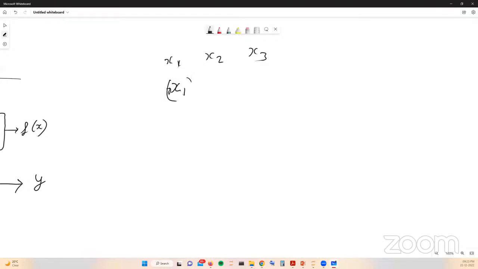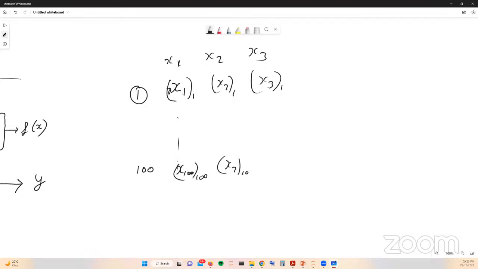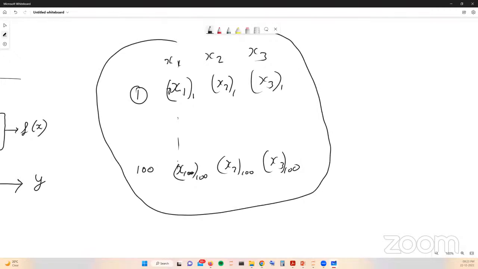This is my X1,1, X2,1, X3,1. In a similar way, this is my first time step data, and this is my 100th time step data, that is my X1,100, X2,100, and X3,100. I will take this complete batch of data, and I will try to map this particular data with my Y101.